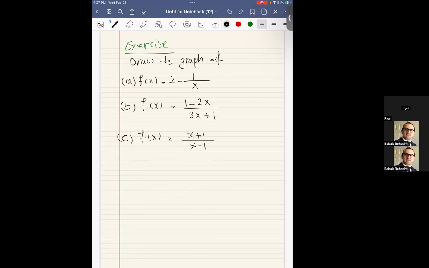So draw the graph of each of them and indicate the horizontal and vertical asymptotes.